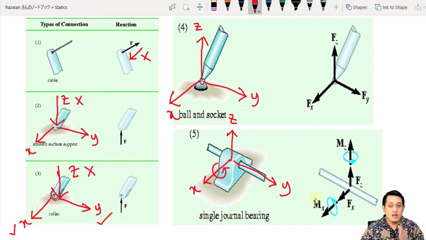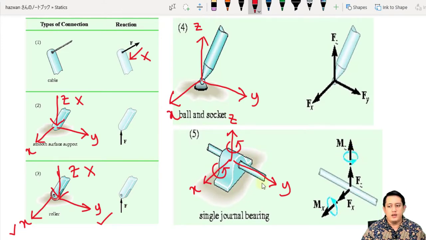Cannot, have. Can, don't have. In the Z direction also, we cannot rotate it like this. The Z direction rotation is like this, and we cannot rotate it, which is why we have a reaction moment in the Z direction.